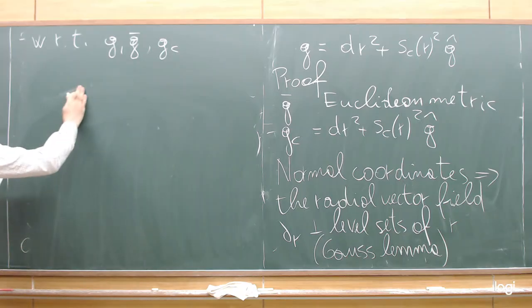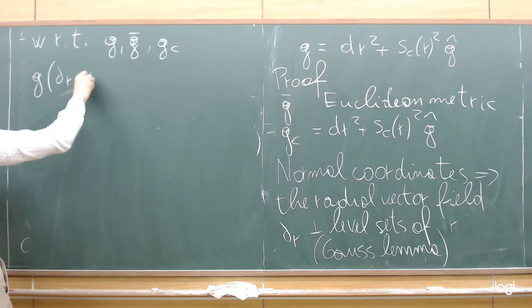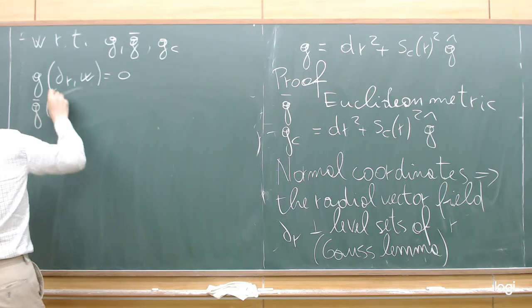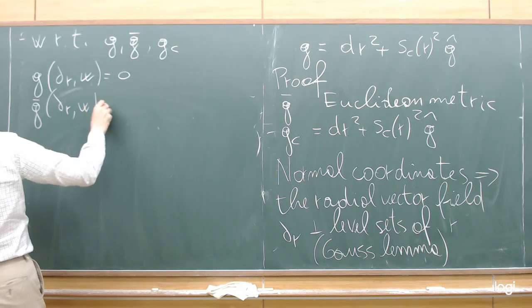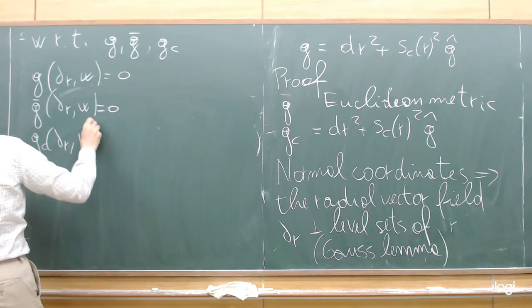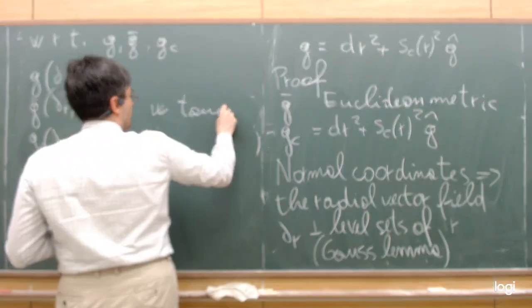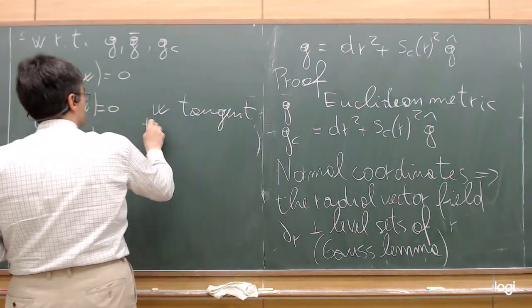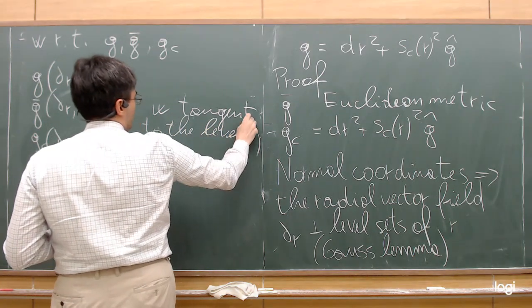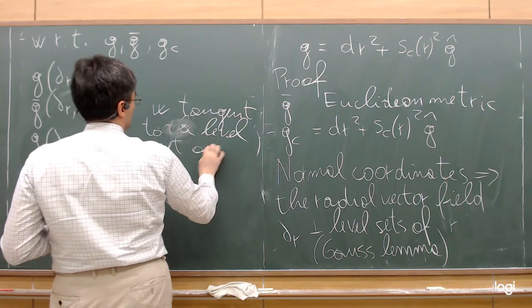So this sentence means that G(delta r, W) equals 0, G bar(delta r, W) equals 0, G_C(delta r, W) equals 0 if W is tangent to a level set of r.